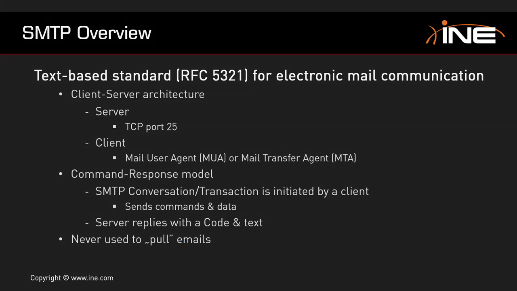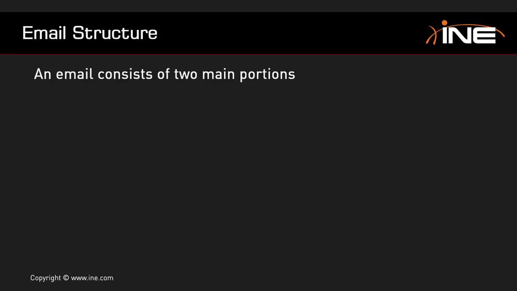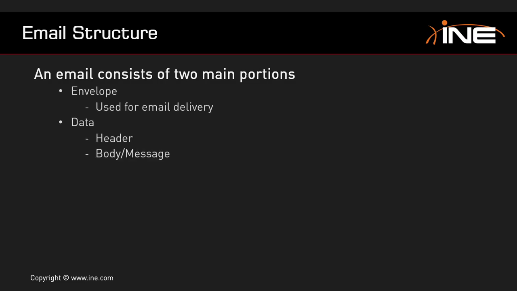A few words about email structure. Every single email message consists of two main portions. We have the envelope and we have the data portion. Now, the envelope is what our SMTP server uses to forward or simply deliver the message to the destination. And this information is actually not visible by the client's email software.